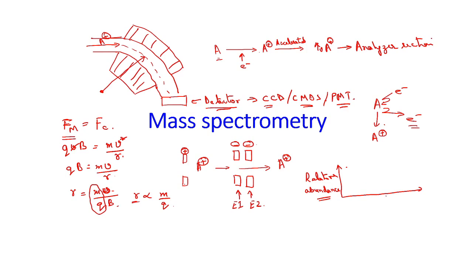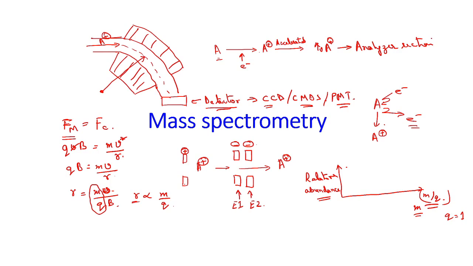The independent variable is m by q. Usually, for the sake of simplicity, in the examples we will be taking, we will consider that q is equal to 1. So our independent axis basically comes out to be m. So we will be getting the mass of the particle which is reaching the detector.